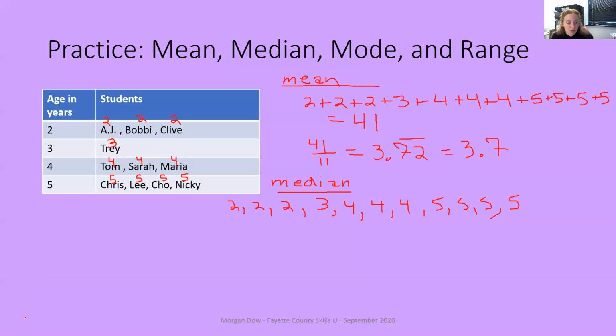Okay, and then we need to find the middle number. So I'm going to kind of cross off numbers as I go to get to the middle. 2 and 5, 2 and 5, 3 and 5, 4 and 4. So this 4 is in the middle here.